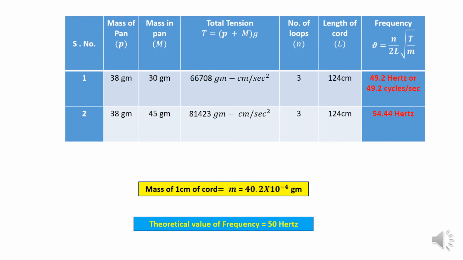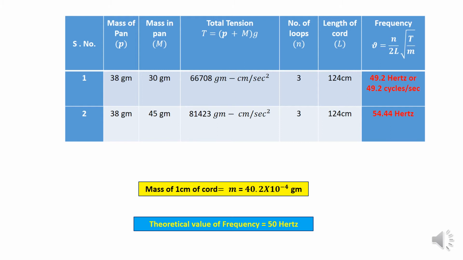Then the total number of loops found under these weights will be 3, and the length of the cord is 124 centimeter. Then take the length of the thread and calculate the mass of 1 centimeter of this cord.